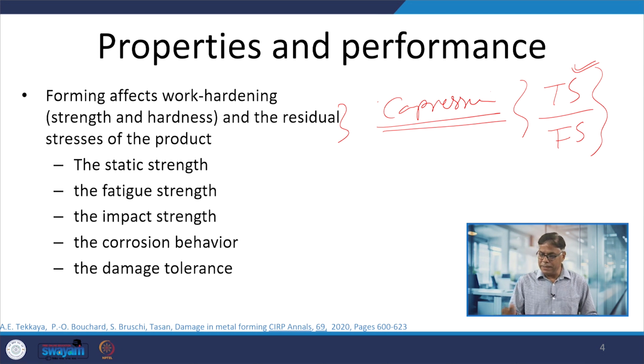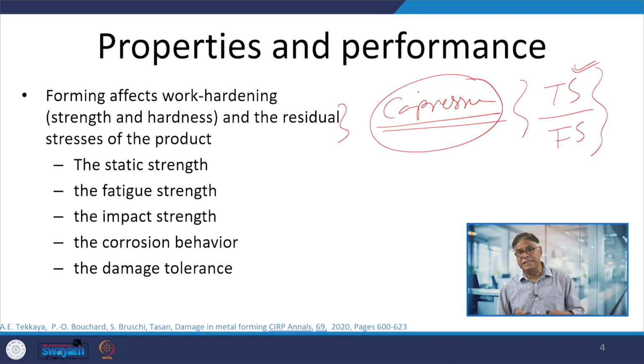So, they help in reducing the severity of externally applied tensile stresses, and therefore increase the tensile strength and the fatigue strength, especially under fatigue load conditions.